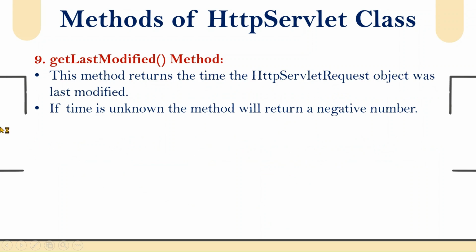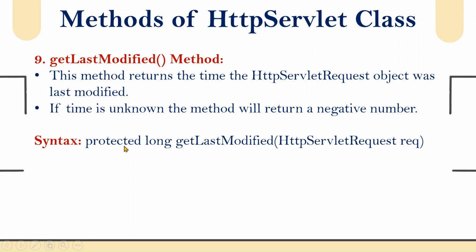Now here we have a method called getLastModified. This method returns the time the HttpServletRequest object was last modified. If the time is unknown, the method will return a negative number. The syntax is protected long getLastModified.